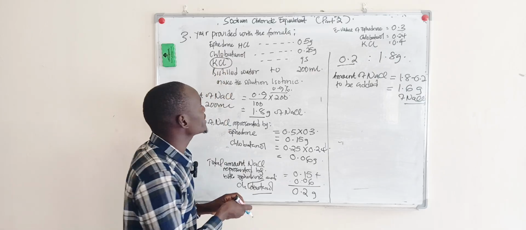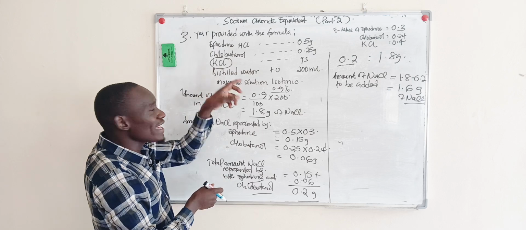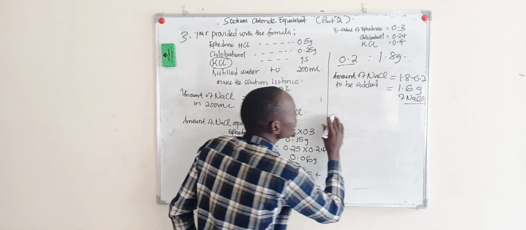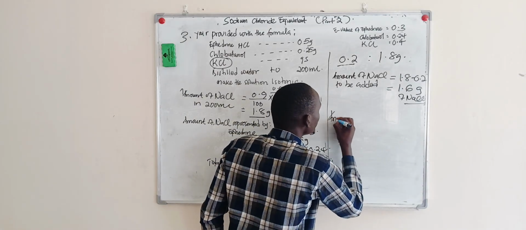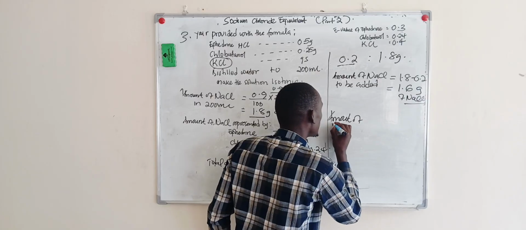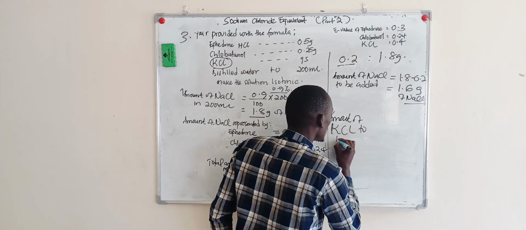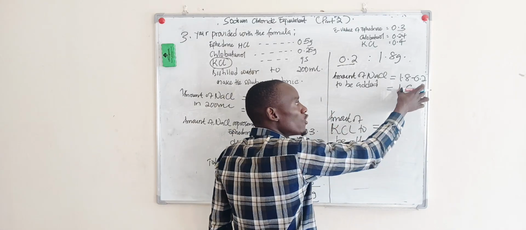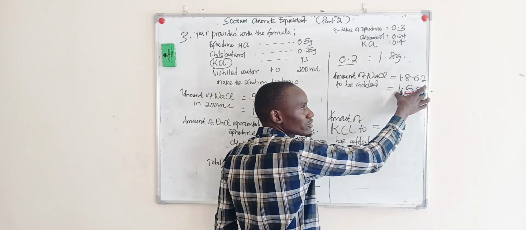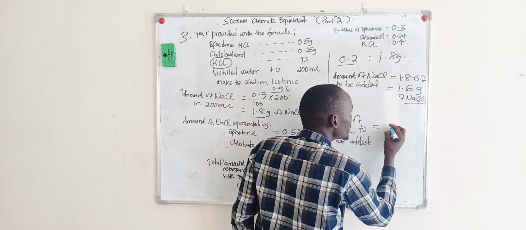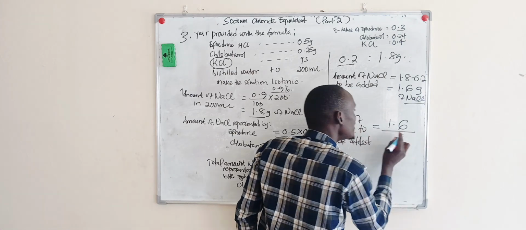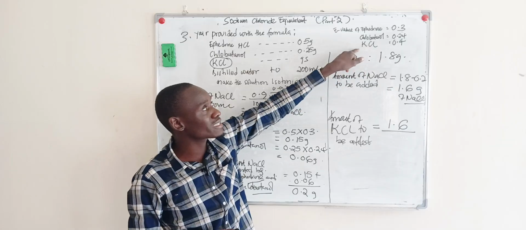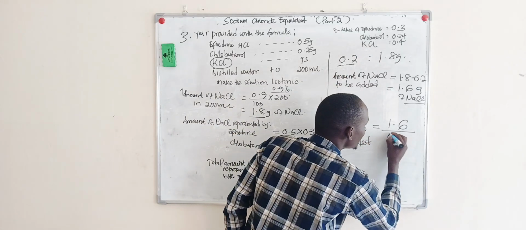So we say in instances where other agents are required to adjust such solutions to isotonicity, what we do, we say amount of potassium chloride to be added will be equal to the ratio of the sodium chloride required, which in this case is 1.6, divided by the sodium chloride equivalent of that particular substance, which in this case, potassium chloride, is 0.4.